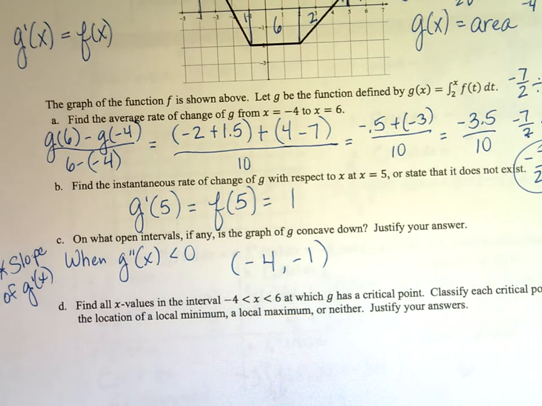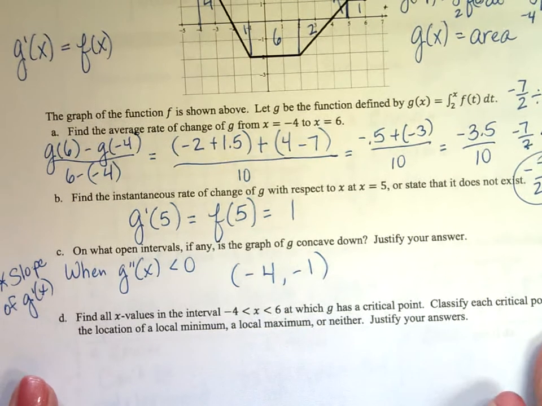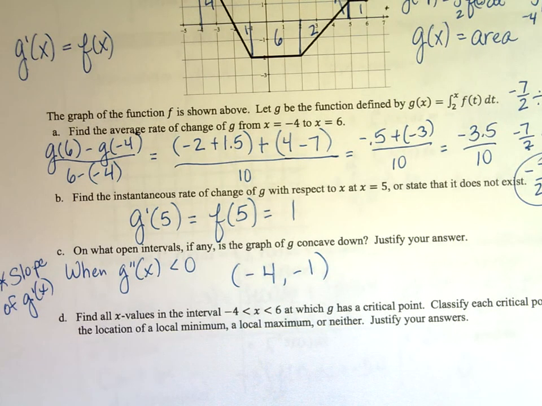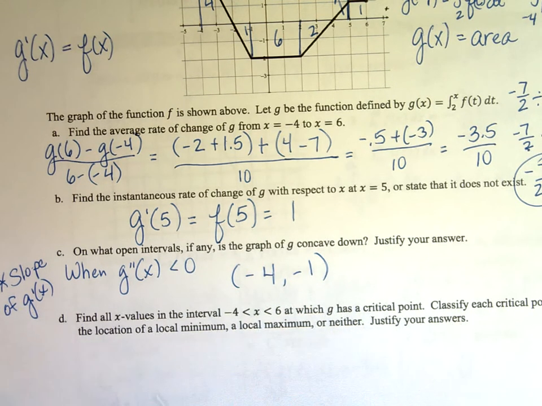All right, last one. This one wants to know, find all the x values between -4 and 6 at which g has a critical point. Classify each critical point as the location of a local minimum, maximum, or neither, and justify your answers. Well, that's going to happen when your derivative changes from positive to negative or negative to positive.